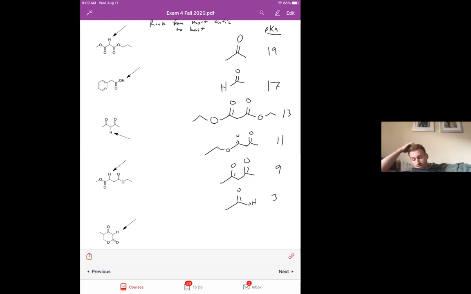So the reason that this is more acidic than this here all has to do with resonance. So if we take a look at our conjugate base, we can have resonance to both of these positions.